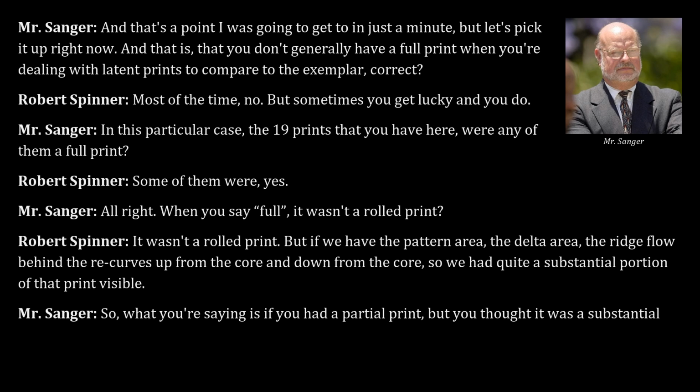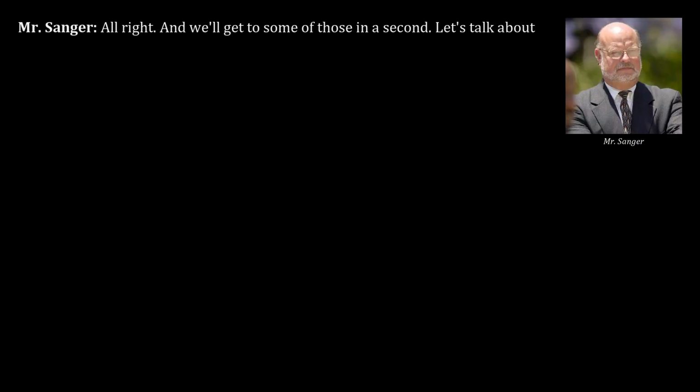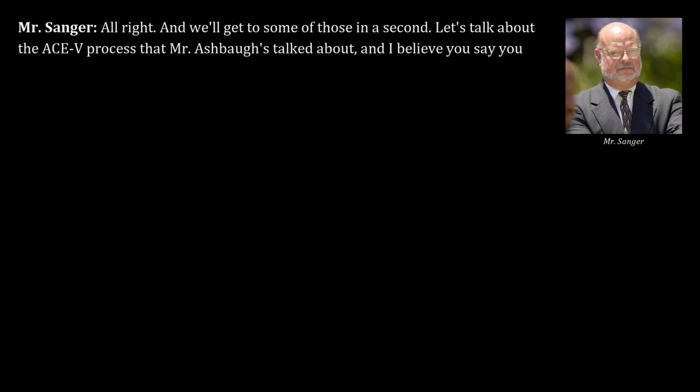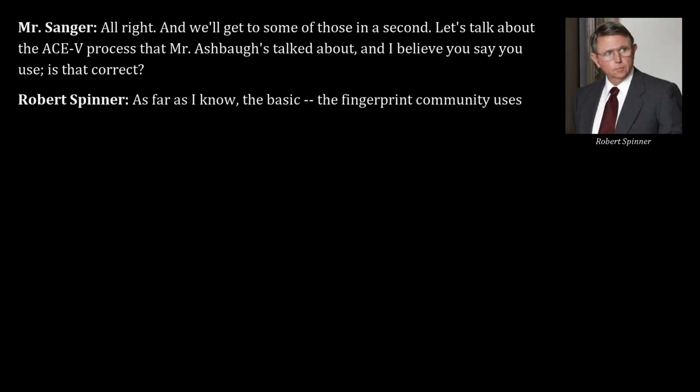So, what you're saying is if you had a partial print, but you thought it was a substantial partial print. That's correct. Alright, and we'll get to some of those in a second. Let's talk about the ACE-V process that Mr. Ashbaugh's talked about, and I believe you say you use. Is that correct? As far as I know, the fingerprint community uses that methodology.